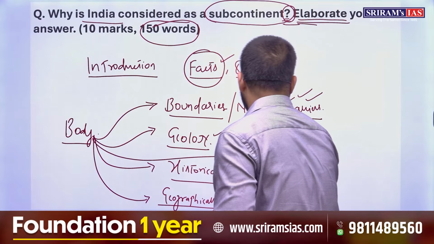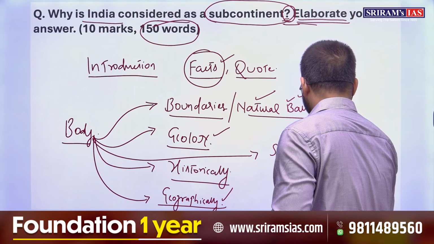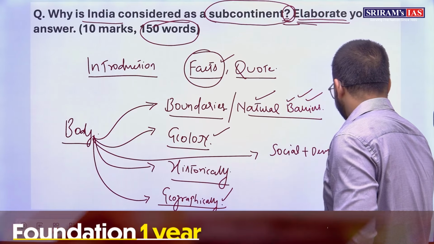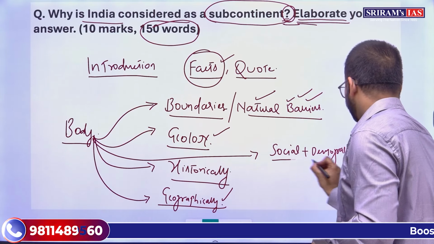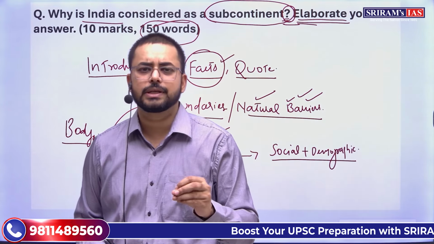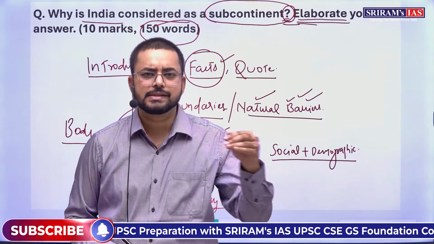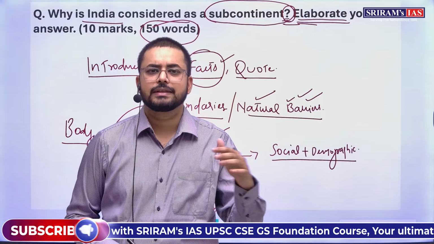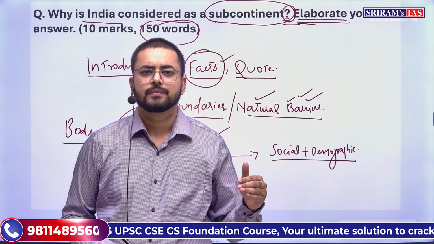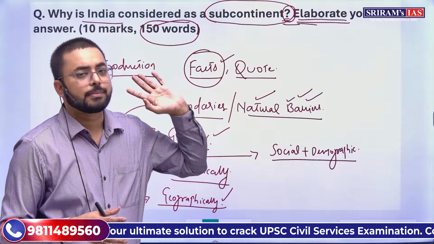The social, if you see, the social and demographic features. India is the largest country on planet by means of population. So socially also if we look, linguistic diversity, religious diversity, races, caste, ethnicities, so many diversities are there which makes us a subcontinent.